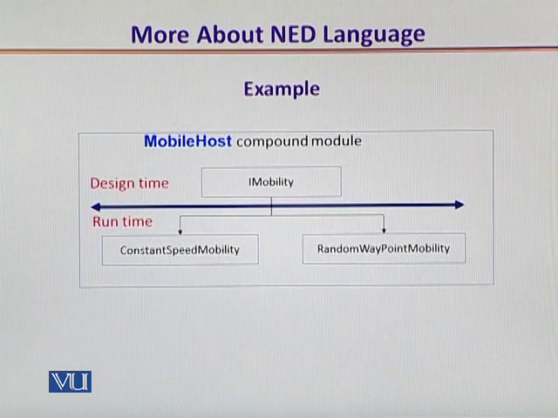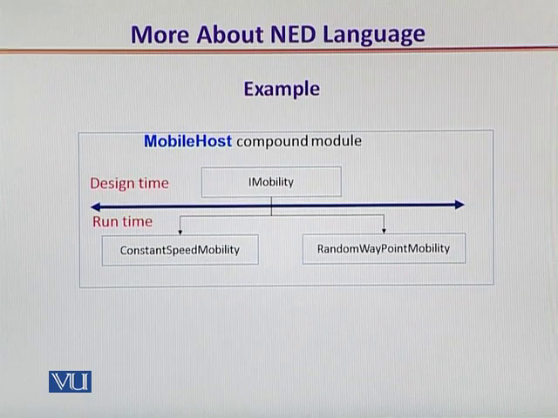A very interesting example of a mobile host as a compound module is given here, where we have iMobility as the mobility feature of a compound module. Here, at design time, we do not exactly declare what specifically it does. Instead, we keep it flexible.